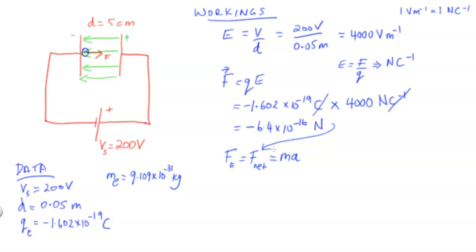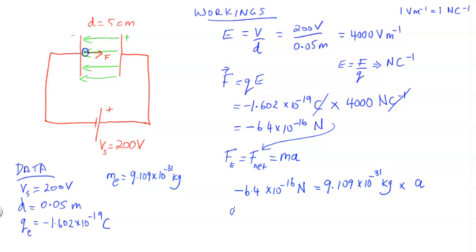And I can substitute that into this equation, rearrange it to get the acceleration. So I have minus 6.4 times 10 to the minus 16 newtons equals my mass, 9.109 times 10 to the minus 31 kilograms times acceleration.